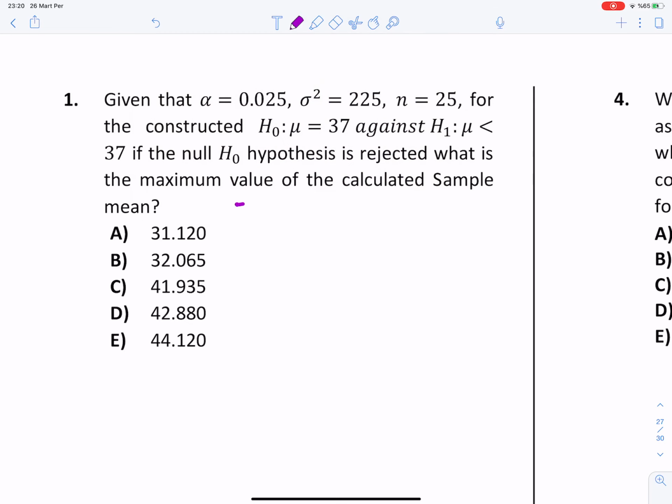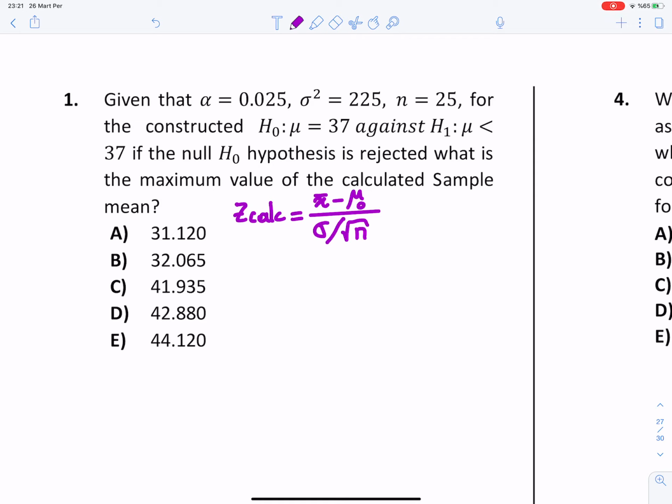Remember from the lecture course, this is x bar minus mu null, divided by sigma over the square root of the sample size.